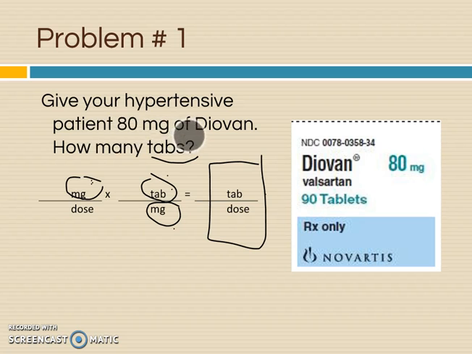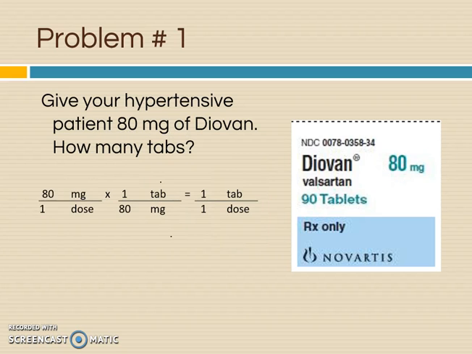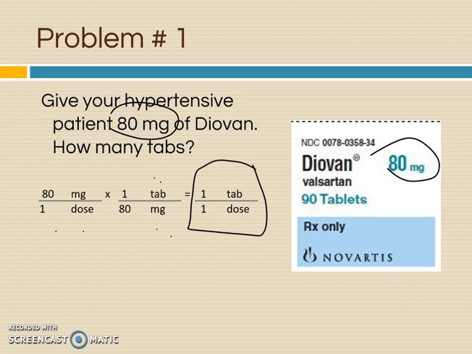Milligrams per dose is here. Tabs per milligrams is here. And here's the answer. We have 80 milligrams per dose, 1 tab per 80 milligrams over here. This one is from here. And we get 1 tab per 1 dose. So that's what the answer is.